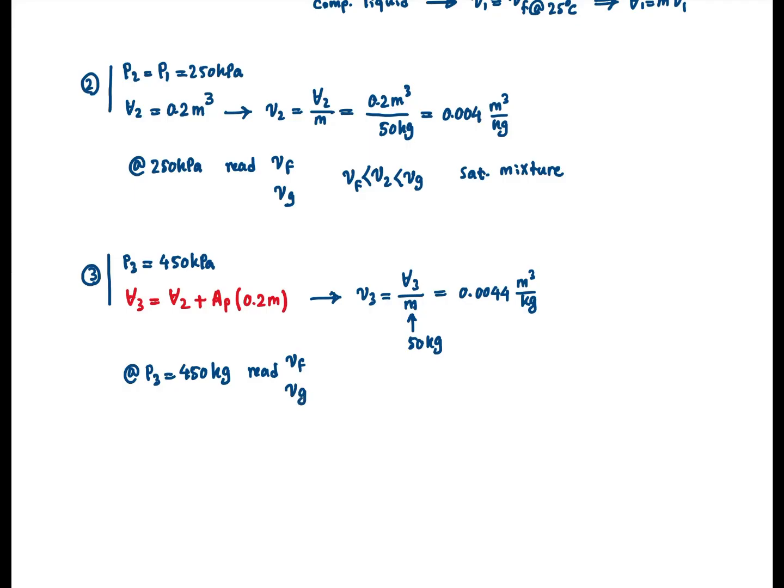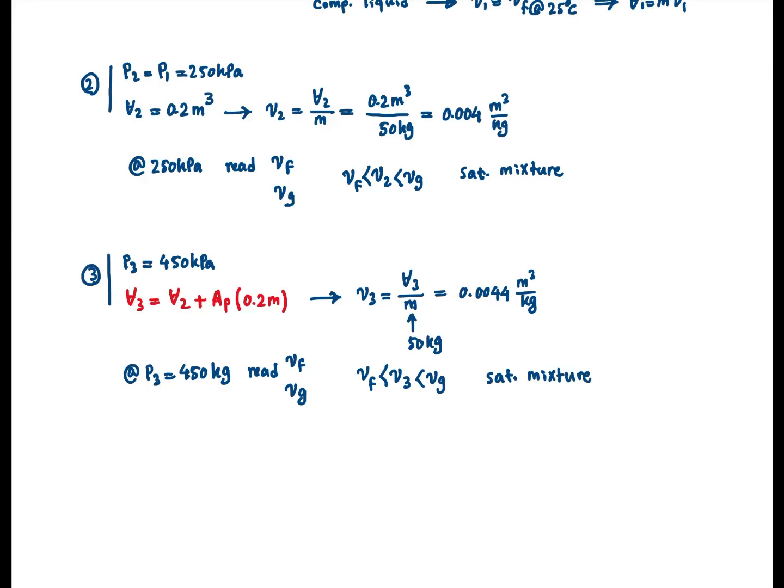Compare these numbers with a specific volume in state 3. I see that the specific volume in state 3 again falls between vf and vg. So state 3 is also a saturated mixture.